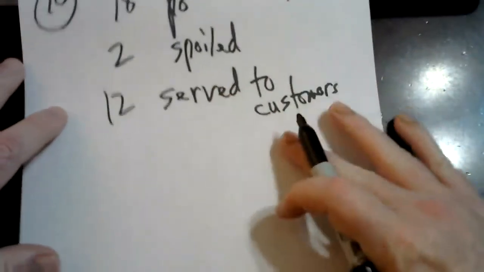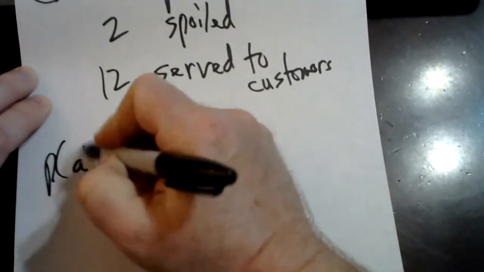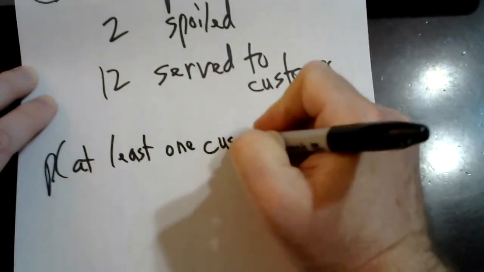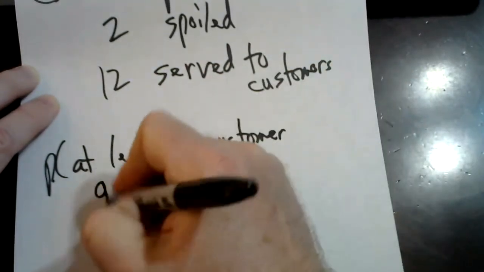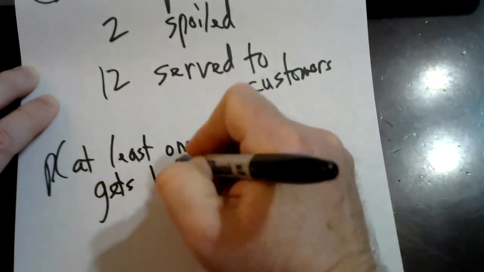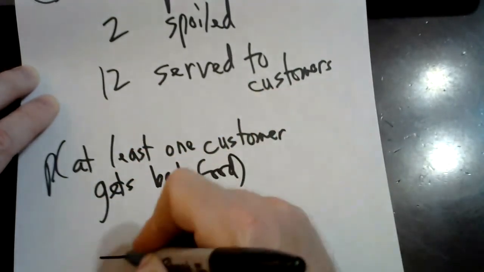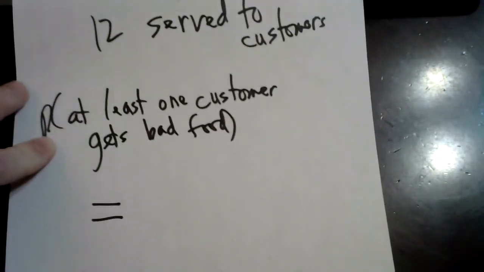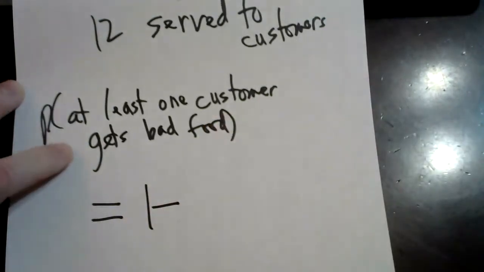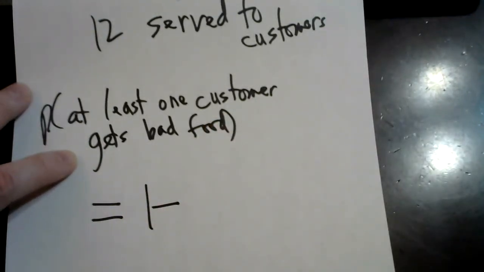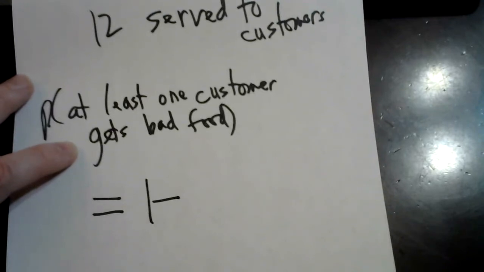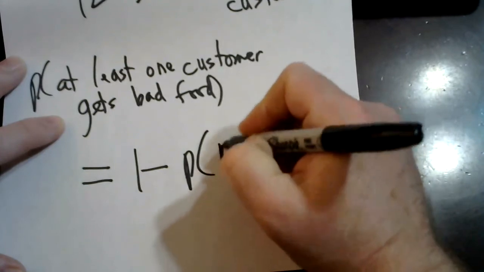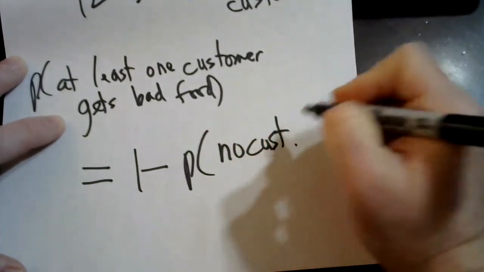So let's see. Now, once again, you see that phrase, at least one. Usually it is better to find the probability of the complement and subtract it from 1. Because it is usually easier to find the probability that no customers get bad food than it is to find the probability that at least one does. So I'm just going to calculate 1 minus the probability that no customer gets bad food.